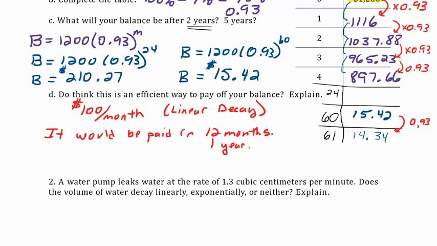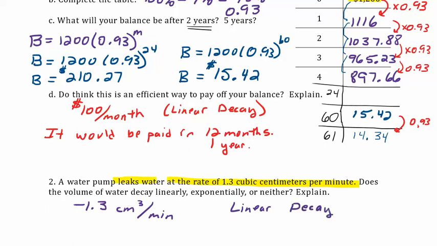So the key here is the rate is 1.3 cubic centimeters per minute. It's leaking at this rate, so really, we're losing 1.3 cubic centimeters per minute. So that is going to be linear decay.